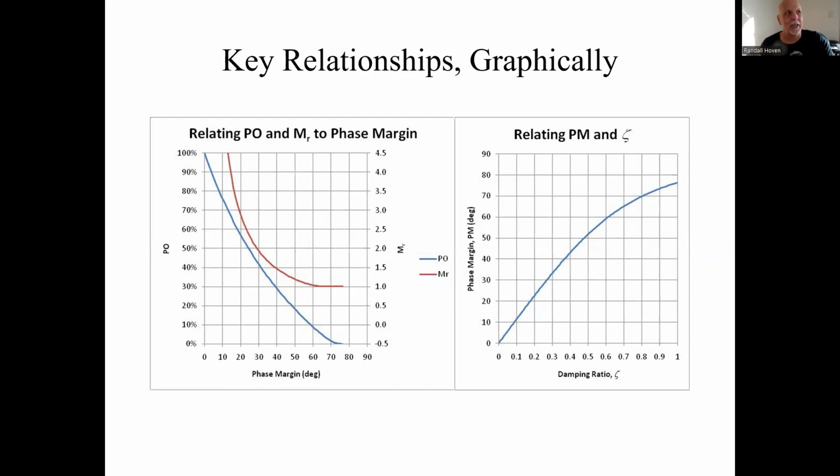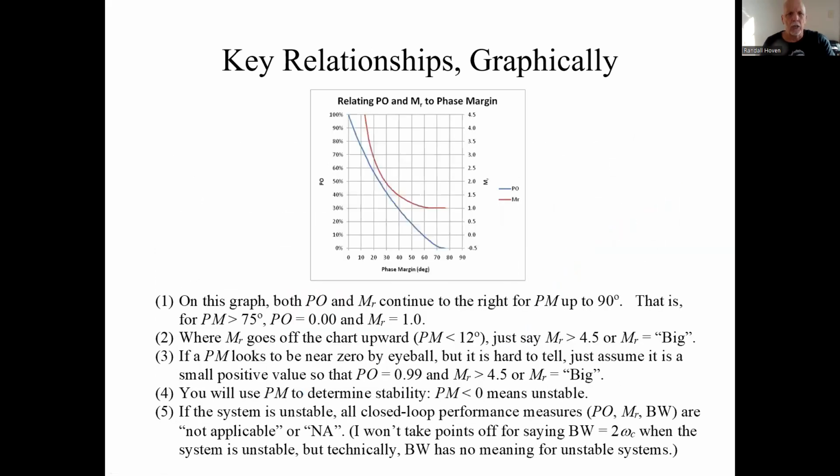We're already basing it on the dominant pole concept, etc. And actually, we're going to be using this one on the left more often, I believe. Let's look at that a little bit more. On this graph is both the peak overshoot in the time and frequency domain continue to the right.